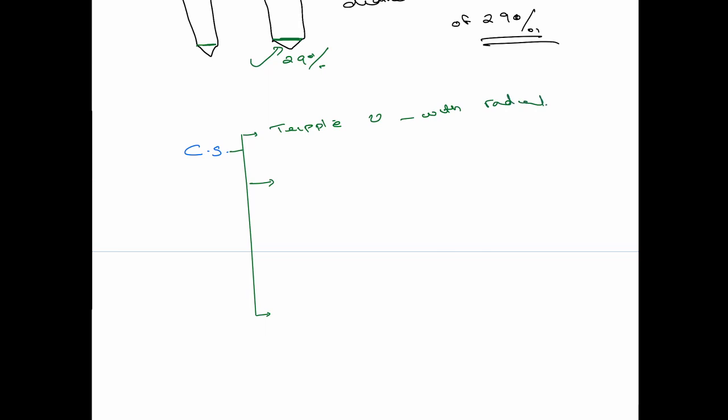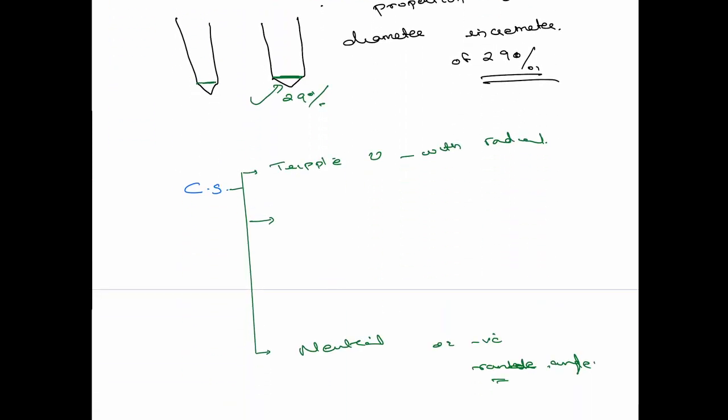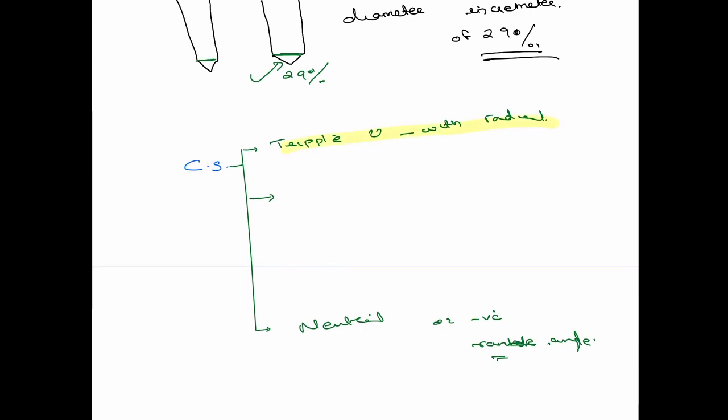And then you have to know, again the same thing, neutral or negative rake angle, which is specific for the instruments which are coming under the first generation. So the cross section doesn't change, triple U, but the only thing which you have to remember is, in profile it is a series 29. The cross section is not changing, it is triple U with radial line. It is going to get complicated, so let's wait for that.